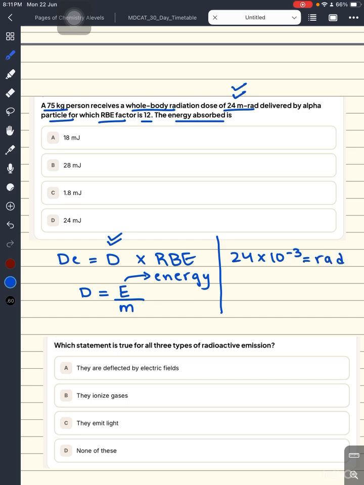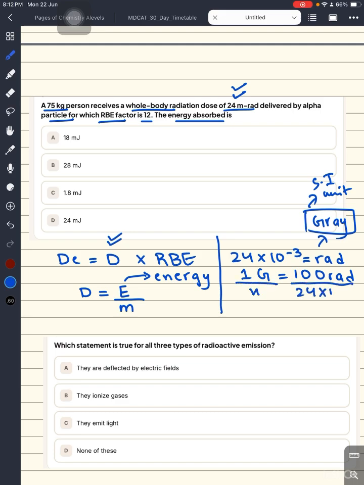We will convert this rad into gray, which is the SI unit. 1 gray equals 100 rad, so x equals 24 multiplied by 10 to the power minus 5.